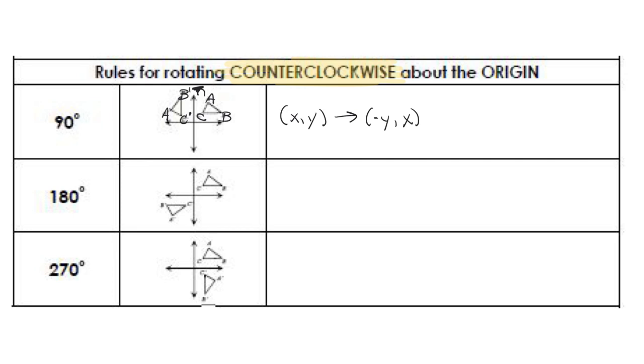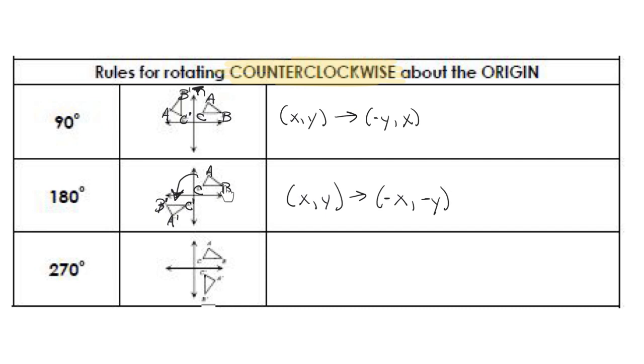So now down here, if I am going to move 180, so A, B, C, this is A prime, this is C prime, and B right here. So I moved from here all the way over to here. The rule for this one, (x, y), is now going to be (negative x, negative y).